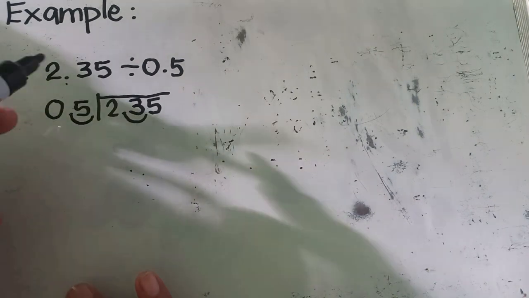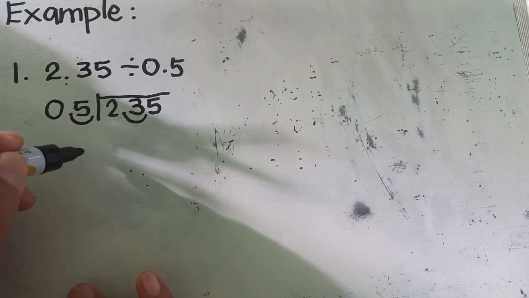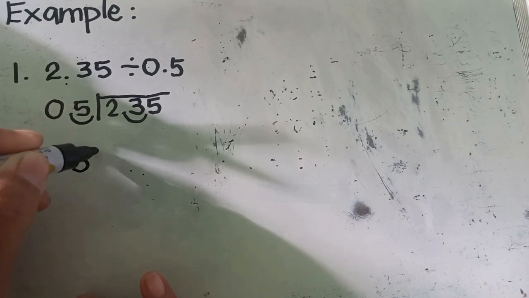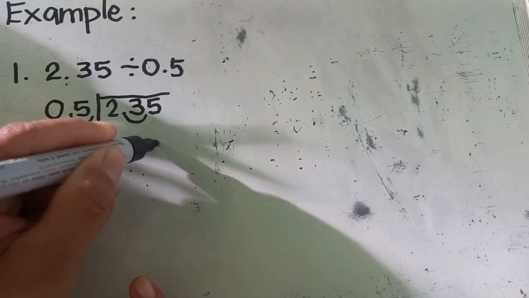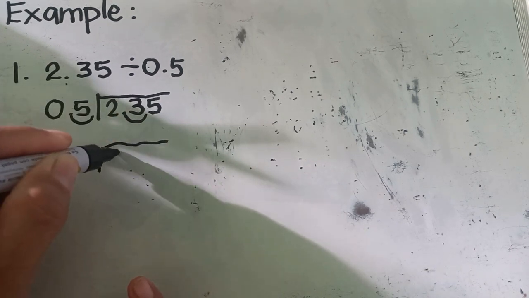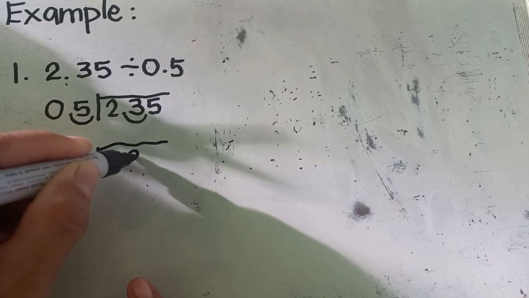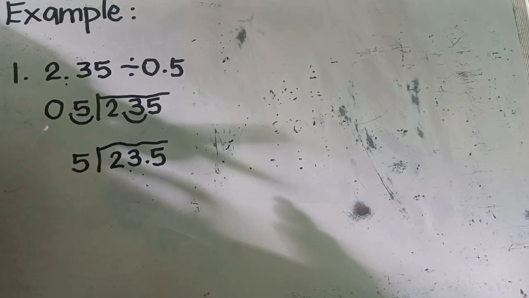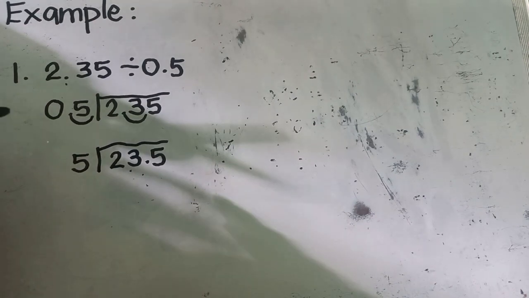Pag rewrite natin, naging whole number na ang ating 5, tapos sa ating dividend ay nagiging 23 and 5 tenths. So ngayon, pwede na tayong mag-divide.